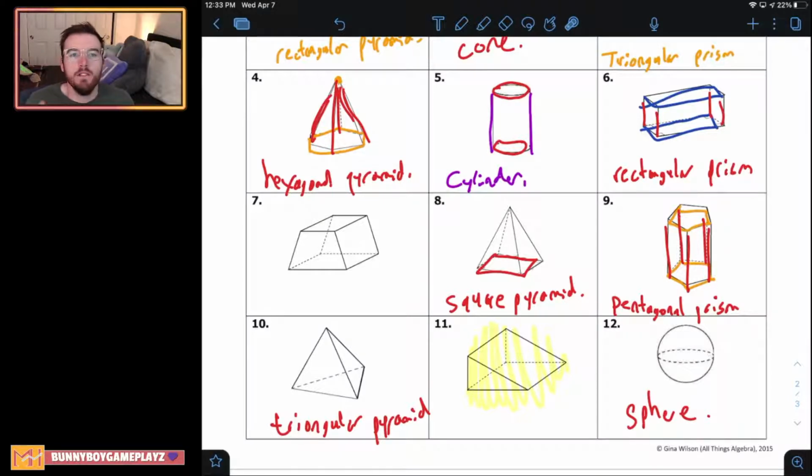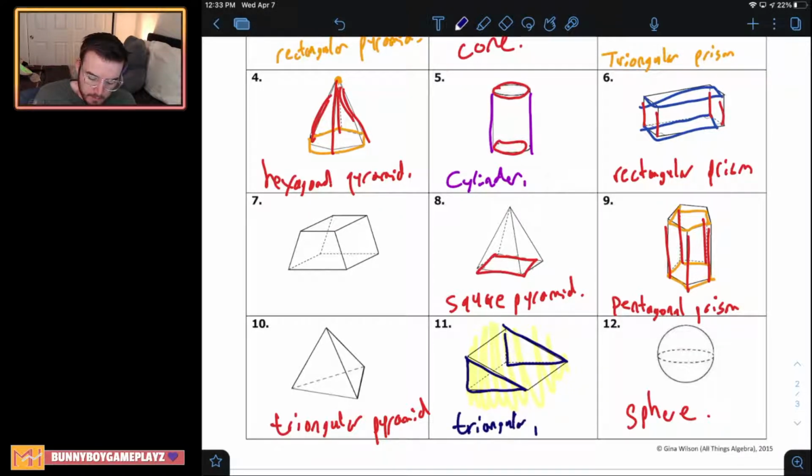It's about what defines the shape. So what is the defining characteristic of this shape? We have a triangle connected to a triangle. The base is a triangle. It's just a triangular prism that's been knocked over.